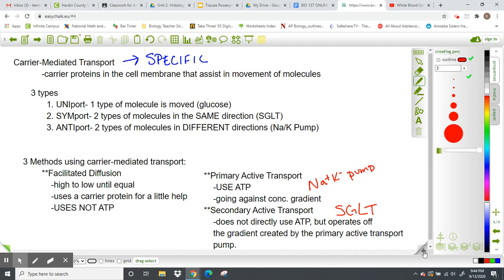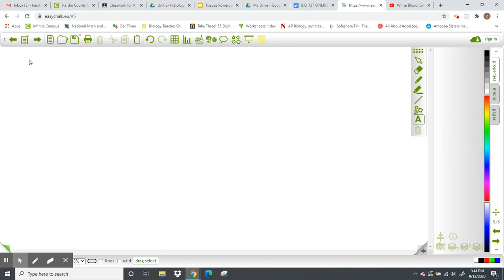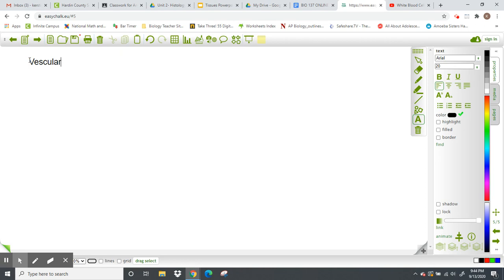The last type of transport that we're going to talk about is what we call vesicular transport. Vesicles are essentially small bubbles that are created inside of a cell when things need to be moved in and out of a cell.